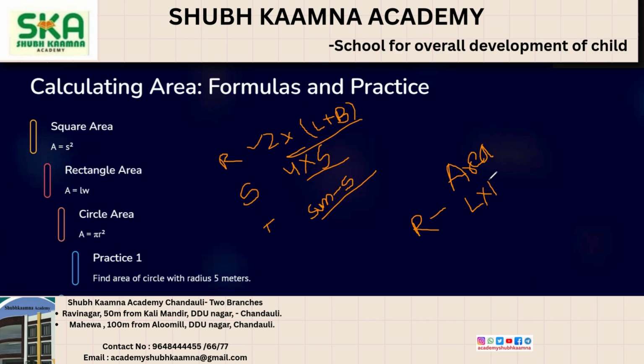So, there won't be 2. There would just simply be length into breadth. Talking about the square, side square. That is S into S.